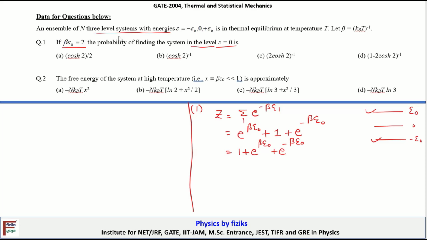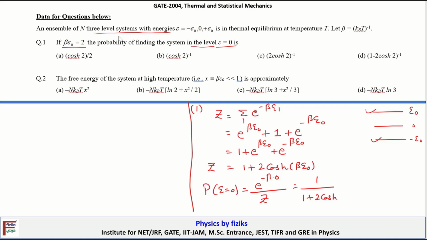So that is equal to 1 plus 2 cosh beta E0. That is the partition function. Now the probability of energy state E equal to 0 is equal to exponential of minus beta multiplied by 0, divided by Z, and that is equal to 1 upon 1 plus 2 cosh beta E0.